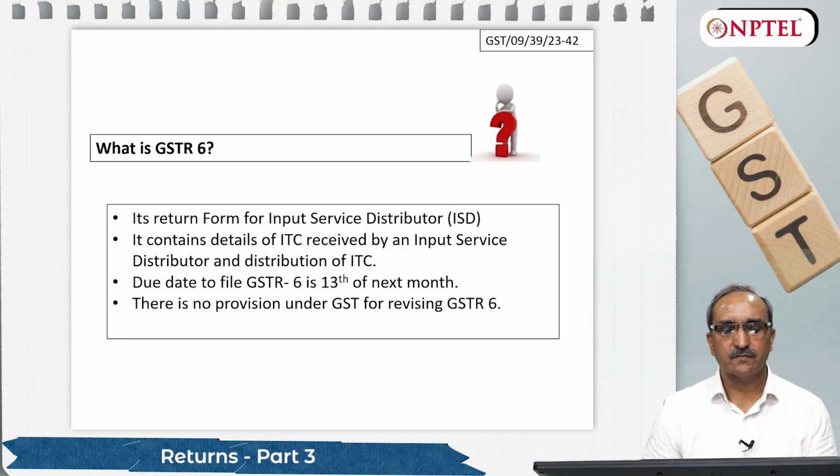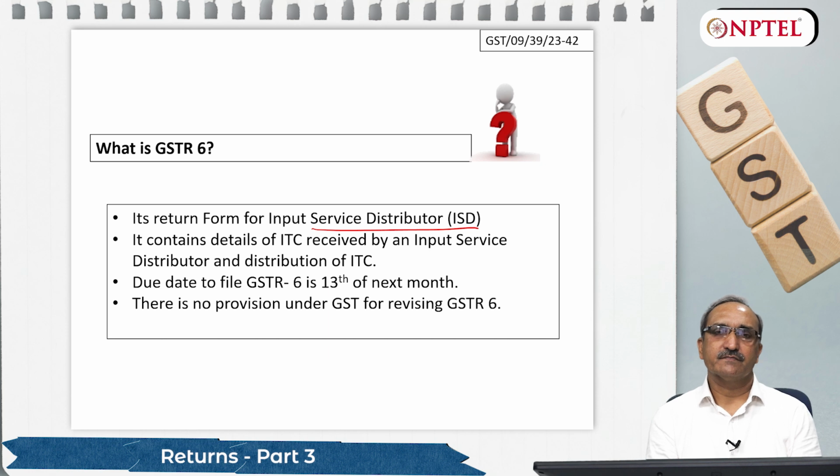GSTR 6 for input service distributor. I explained this in my earlier slides, that any company having centralized procurement, bills are coming to them in the head office and they are sending goods to units directly, and GST is a consumption based tax.